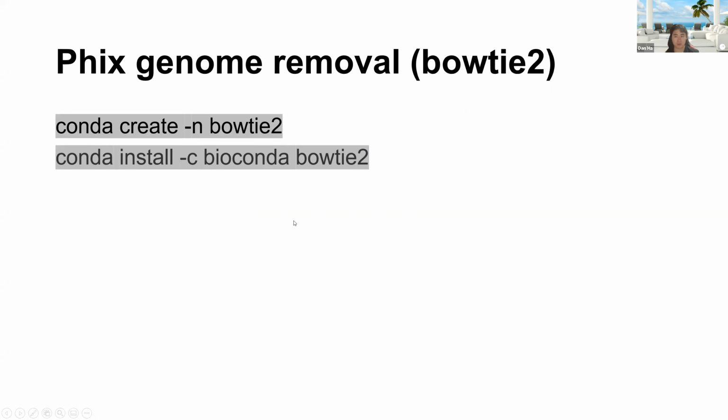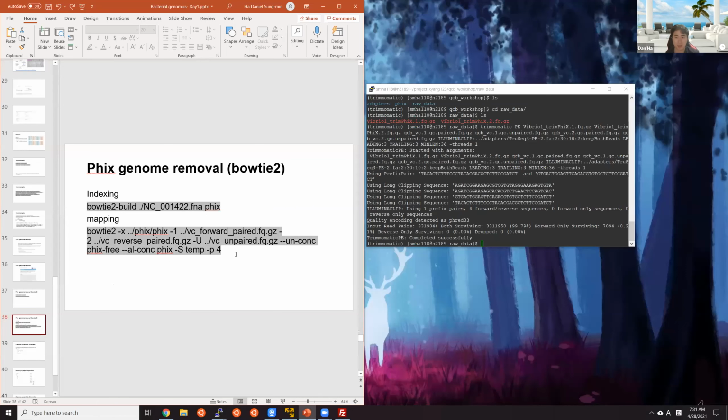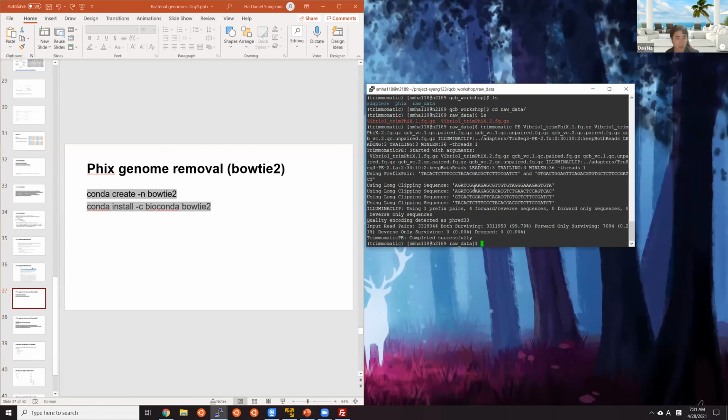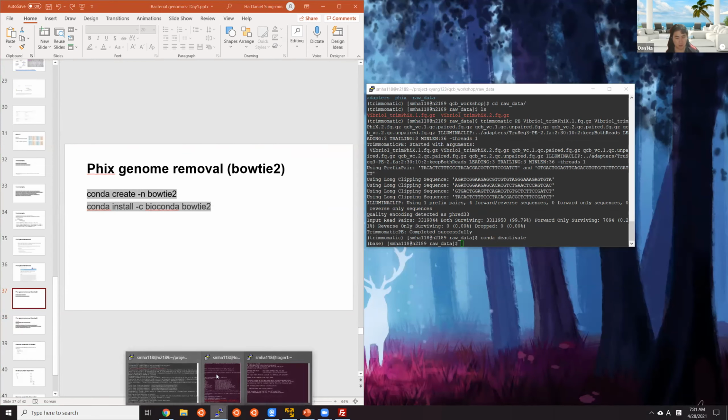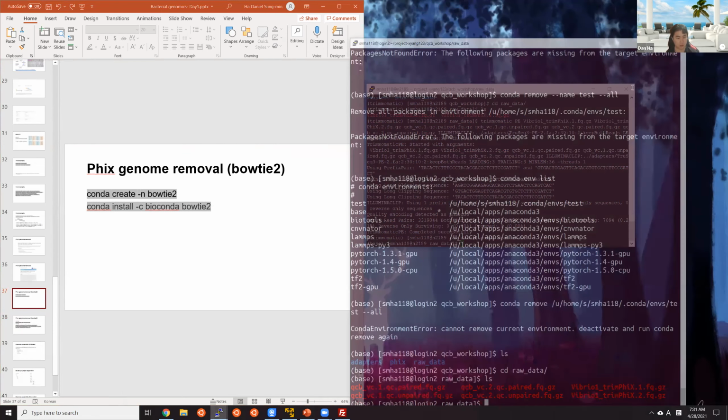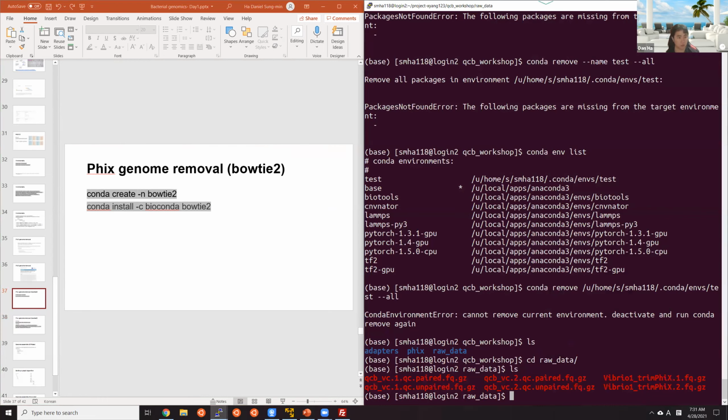So to do this, we're gonna use the mapping program called Bowtie2. Let's go ahead and install that. So we are done with Trimmomatic. I'm gonna deactivate it with conda deactivate. Oh, sorry.